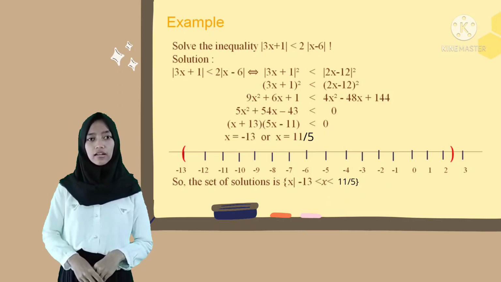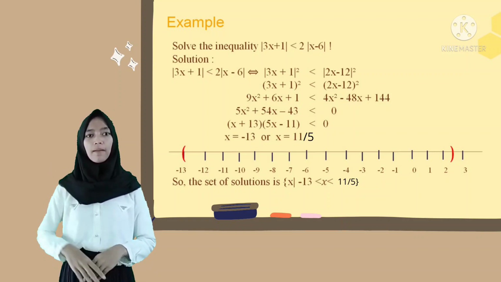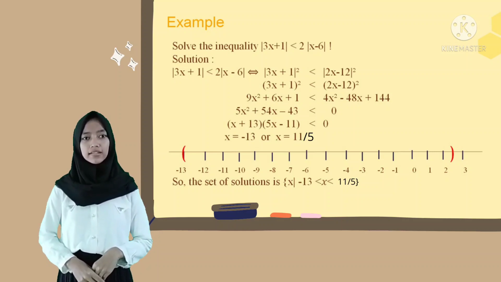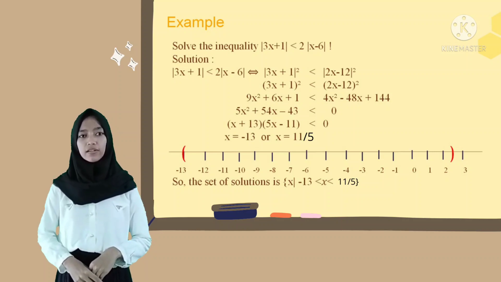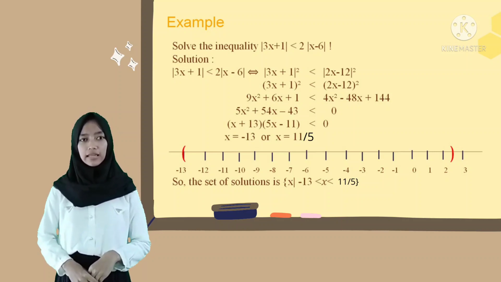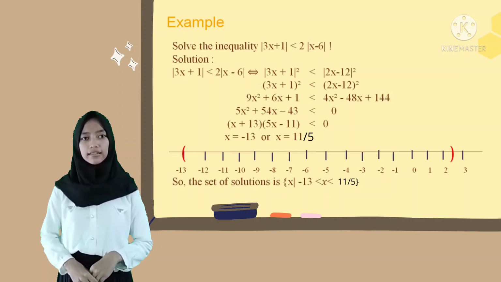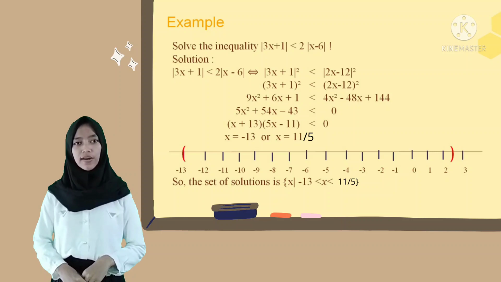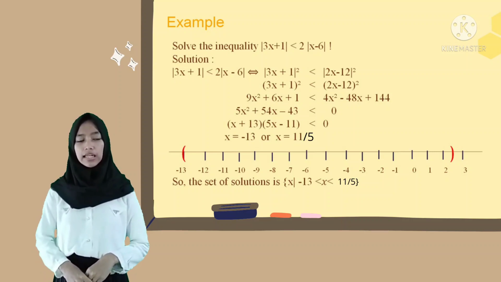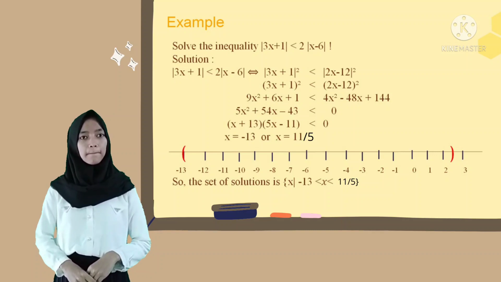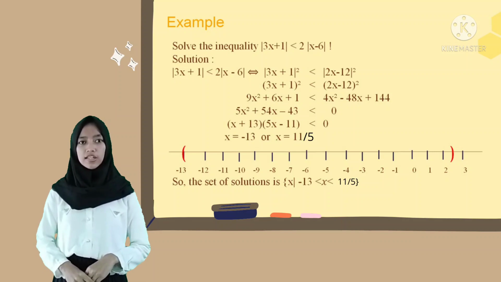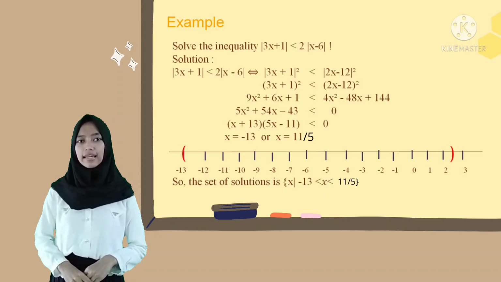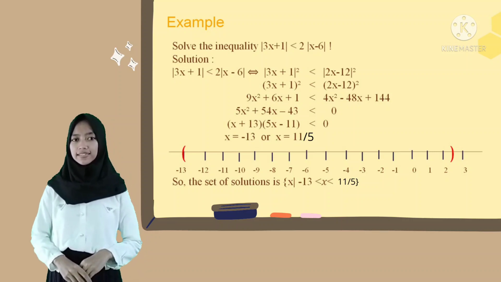These points divide the real line into 3 intervals: minus infinity to minus 13, minus 13 to 11 over 5, and 11 over 5 to infinity. If we examine the test points minus 14, 0 and 3, we find that only the point in the interval minus 13 to 11 over 5 satisfies the inequality. So the solution set is the set of x such that minus 13 is less than x less than 11 over 5.